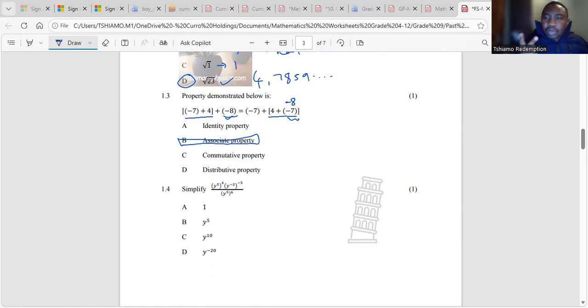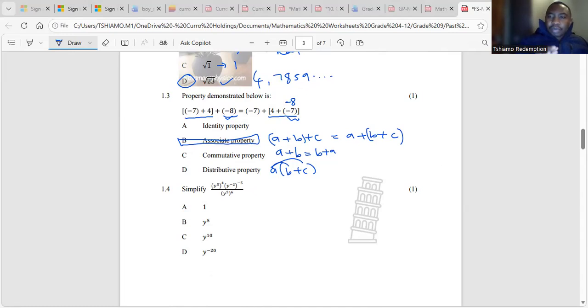Because identity property, it's multiplied by 1. Commutative property is when you swap the two numbers, like A plus B is the same as B plus A. Distributive is when you are distributing something like this, A times B plus C. And associative property is A plus B plus C, where I group the first two or the last two, and you should get the same answer, whether you start with the first two numbers or the other two numbers.